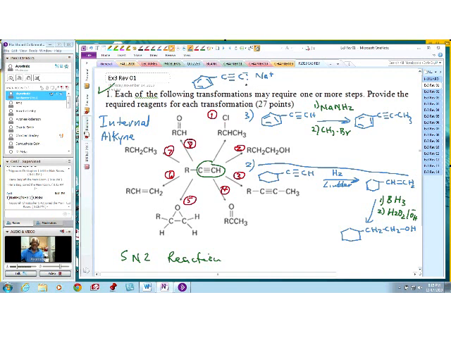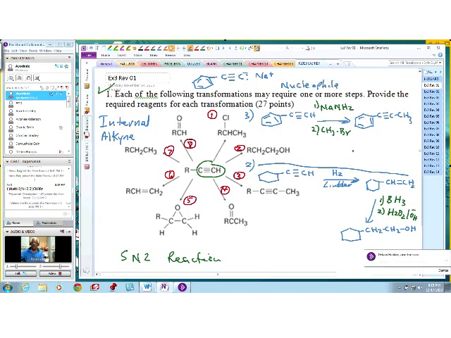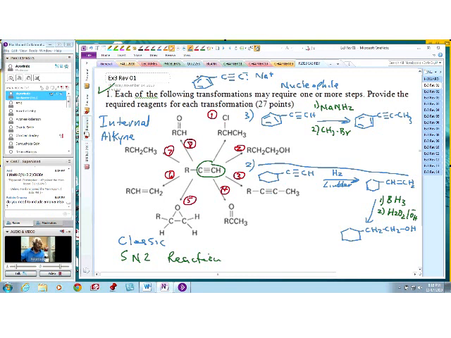Okay, now this acetylide anion could act as a nucleophile to displace the bromine from methyl bromide. So this is a classic SN2 reaction. Okay, so that is the reagent for that, sodium amide followed by methyl bromide, or you could use potassium hydroxide followed by methyl bromide. Okay, so that is question number 3.